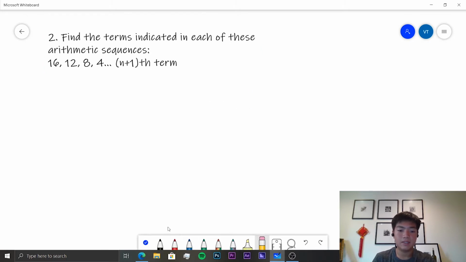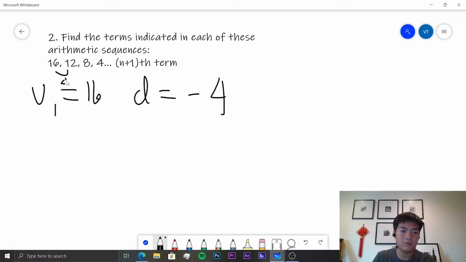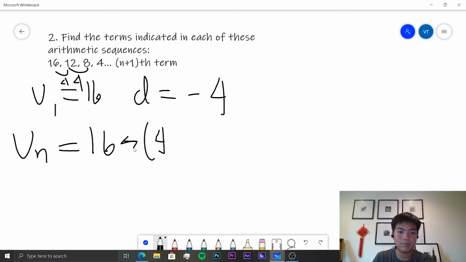So we simply need to note the first term is 16. The common difference is negative 4 because it's 4 between each of these numbers. And so our general formula, un, is equal to 16 minus n minus 1 times 4.